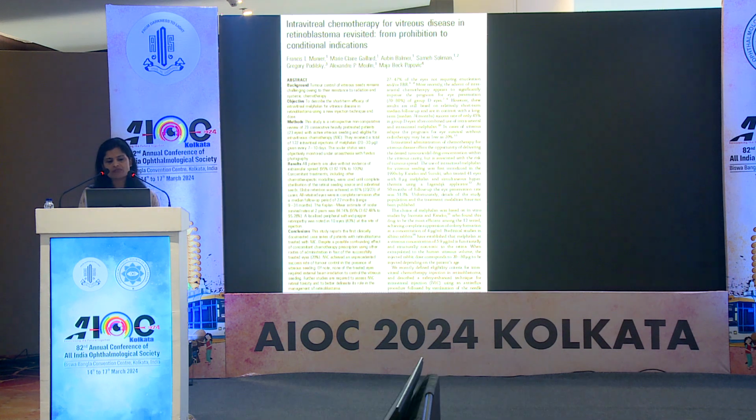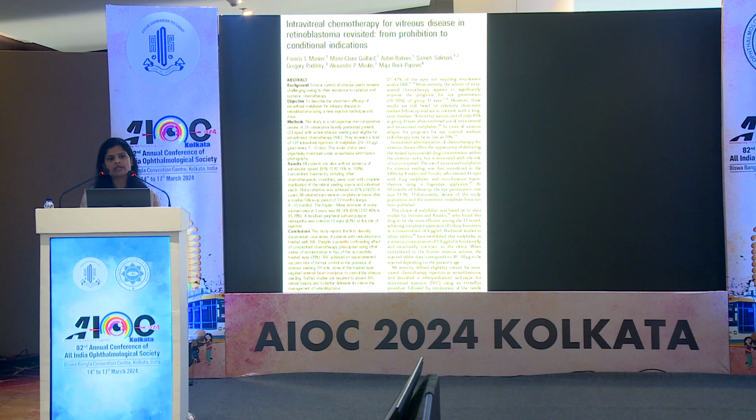The next is intravitreal chemotherapy. I think this is a landmark paper that I always like to show when I talk about this form of chemotherapy, because whatever we are doing today, the whole credit needs to go to Francis Munier, who showed that it is safe to inject in an eye with retinoblastoma.